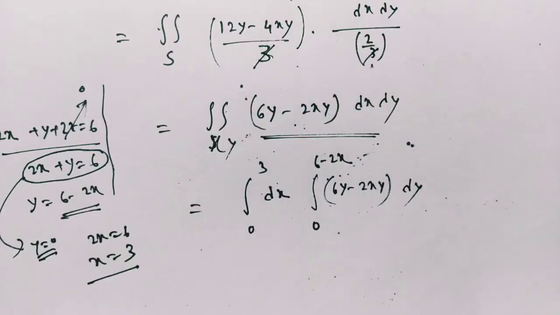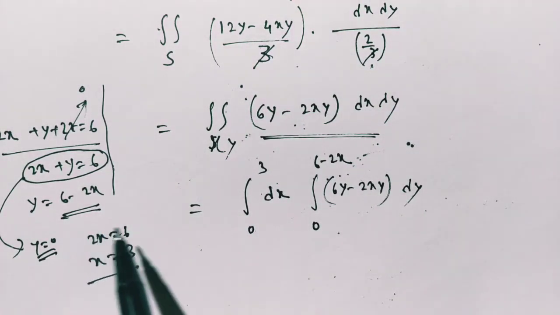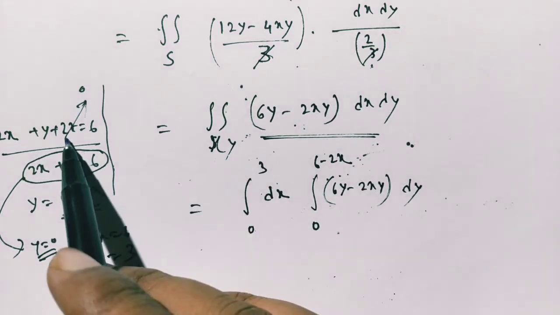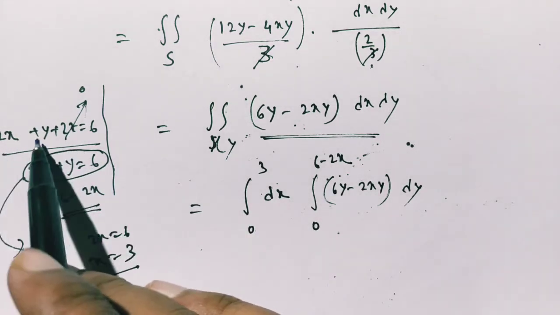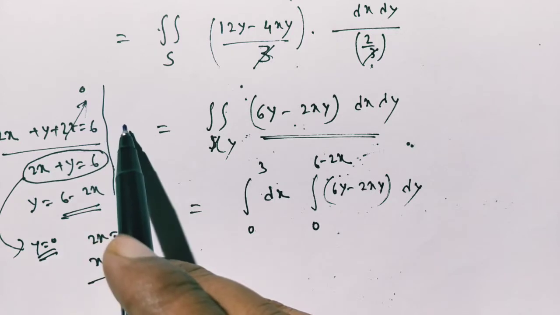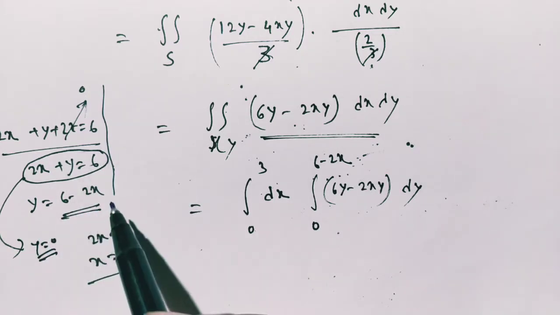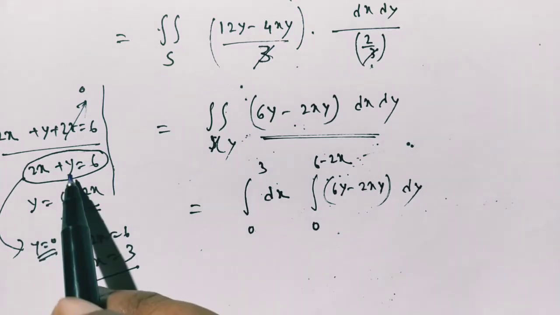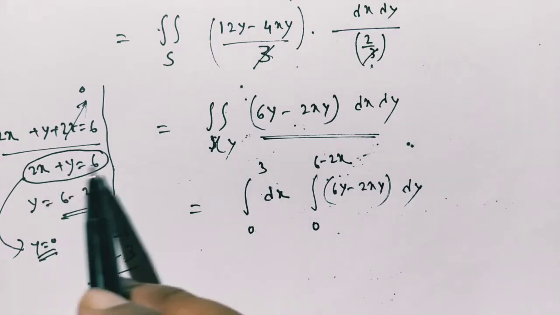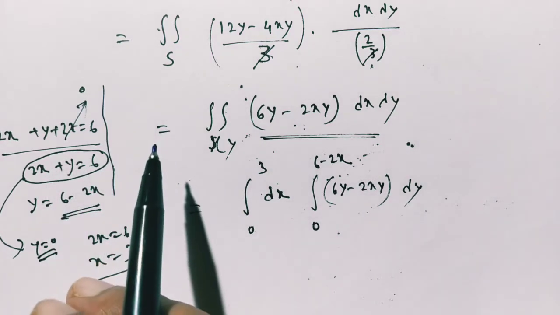But mathematically we can easily find the limits. When we talk about the limit of y, we put z equals 0, so we get 2x plus y equals 6, so y equals 6 minus 2x, and the limit will be 0 to 6 minus 2x. When we talk about the limit of x, we put y equals 0, so 2x equals 6, so x equals 3.